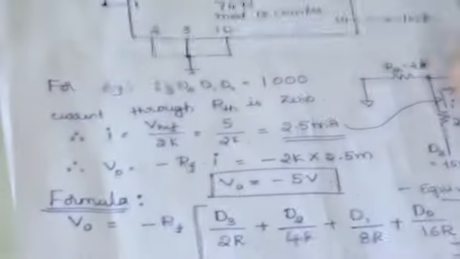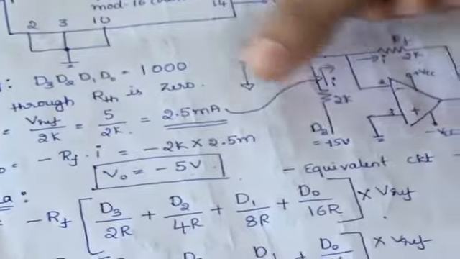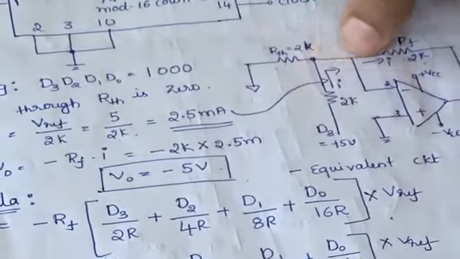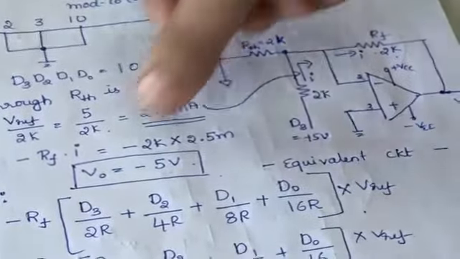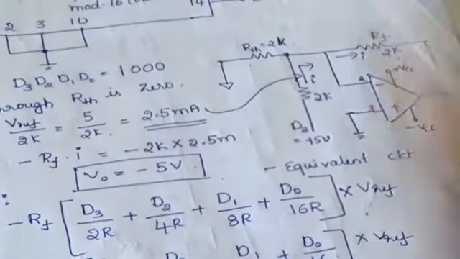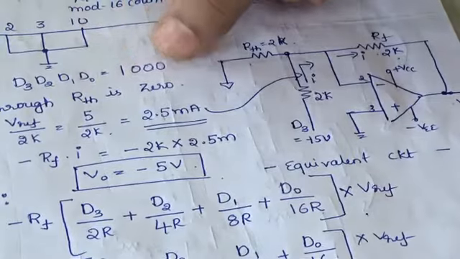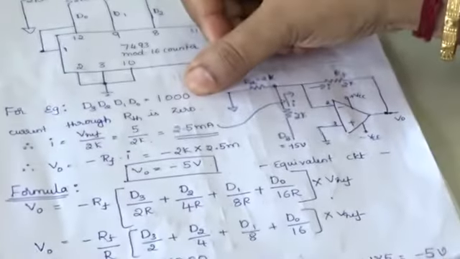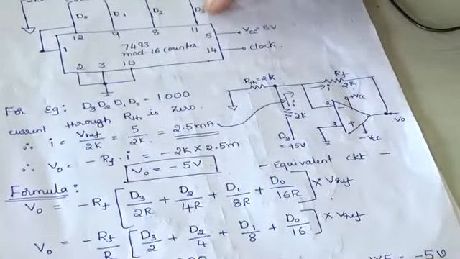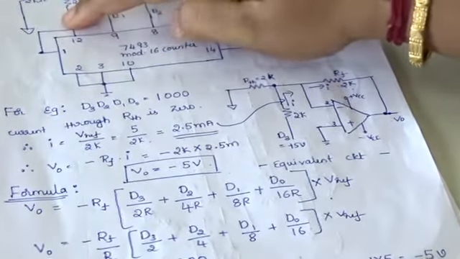The same current flows through the resistor to your feedback resistor, so V0 is equal to minus 5 volt for D3, D2, D1, D0 equal to 1000.